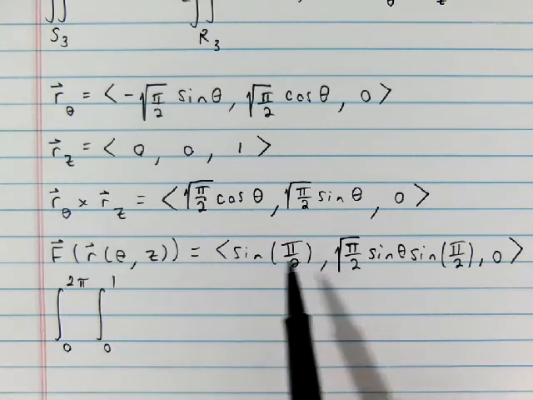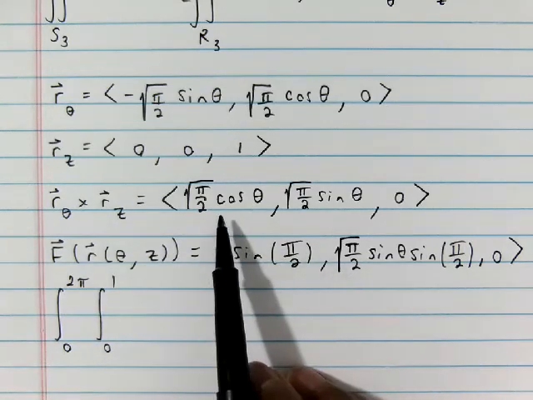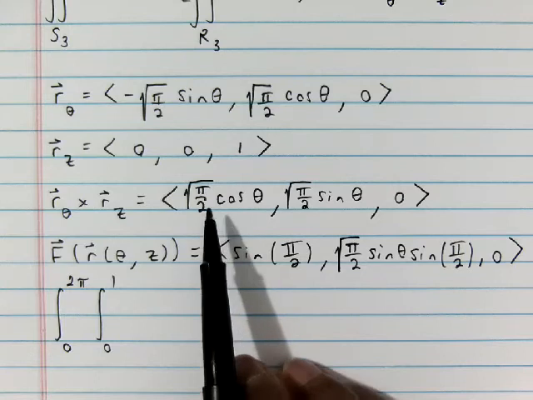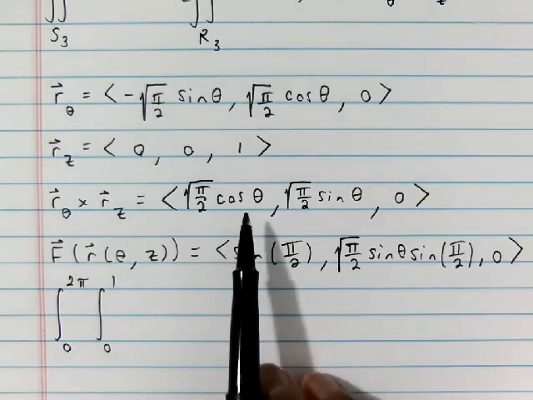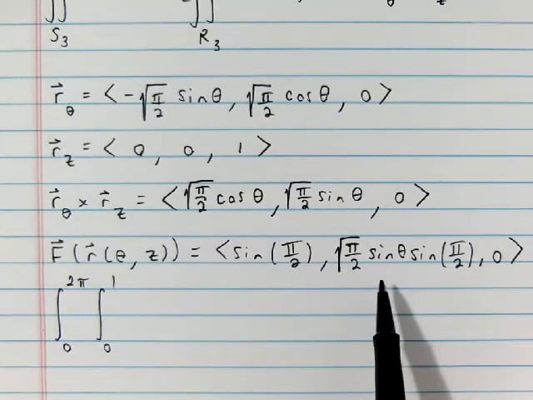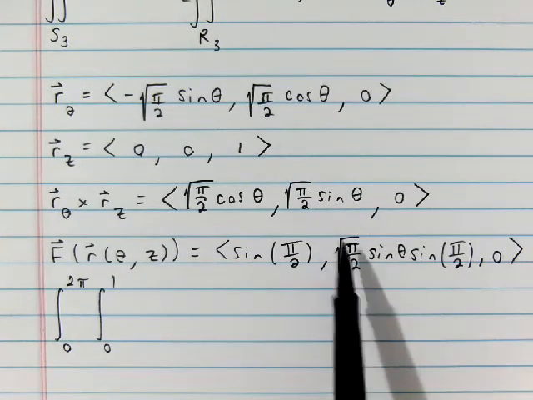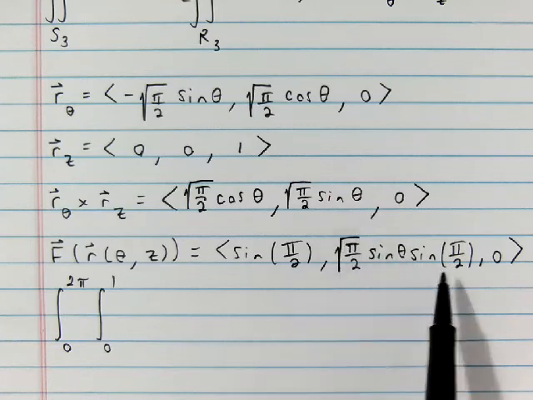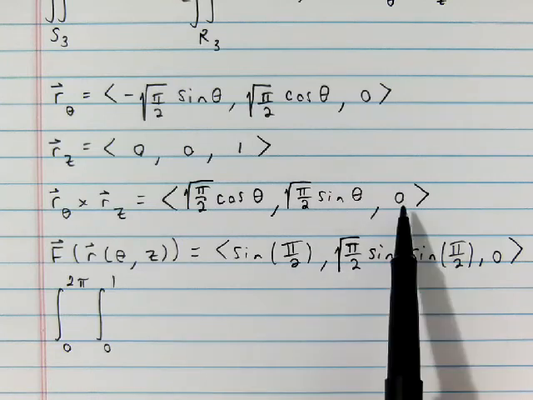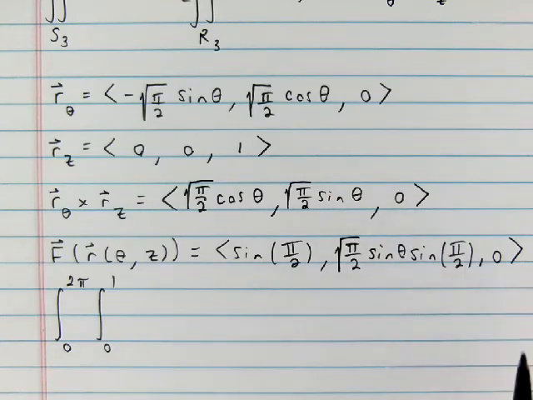All right, so now we have sine of pi over 2 times square root of pi over 2 times cosine theta plus, and we're going to multiply these two, which will just give us pi over 2 sine squared theta times sine of pi over 2, and then plus 0.